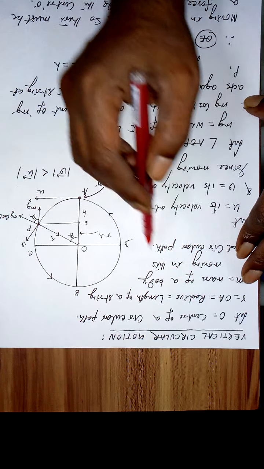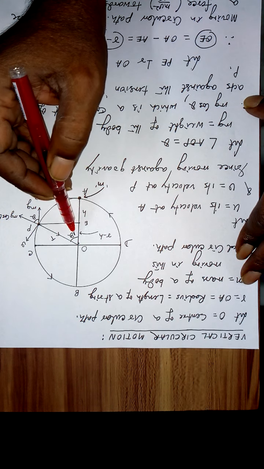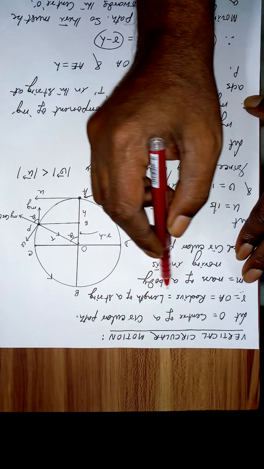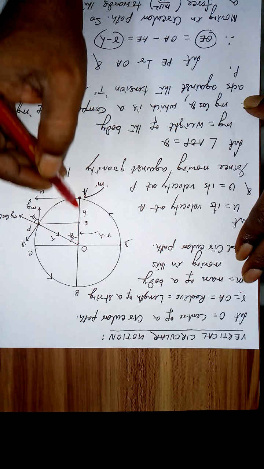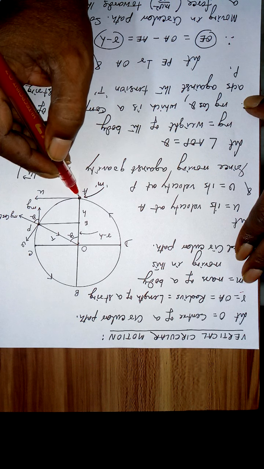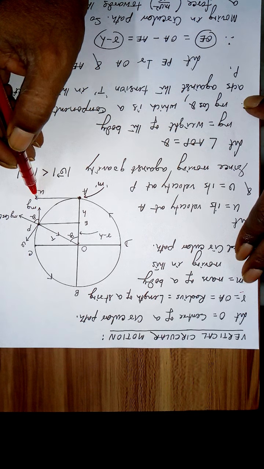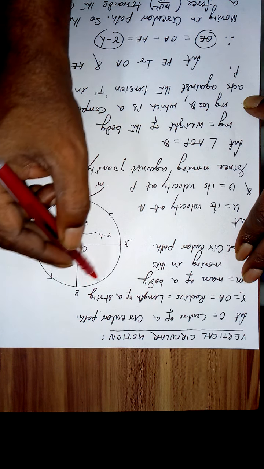Let O be the center of a circular path. From O to A is the radius, and in fact from O to A is a string. This is a string, the length of the string you are holding from here. A mass m is attached here, and you give a certain velocity u at the lowest point, so that it is able to move in a vertical circle.